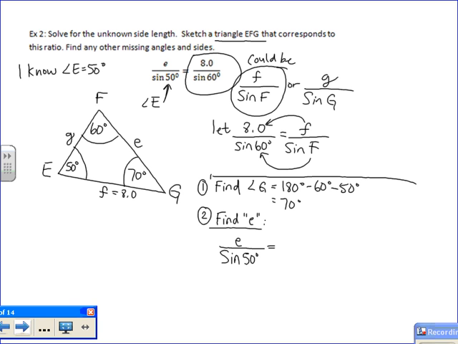There's only one that you know: you only have angle F and side length f. That's the only ratio that you can use. You don't know side length g, so you can't use that ratio because there would be another unknown in it. So we have to use f over the sine of F.